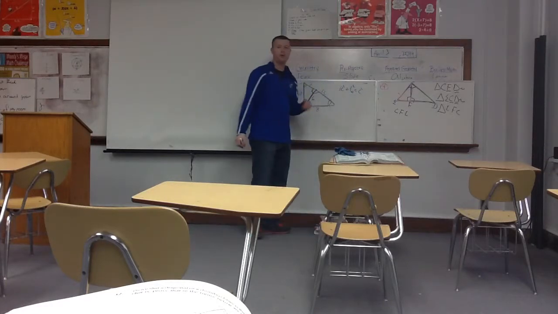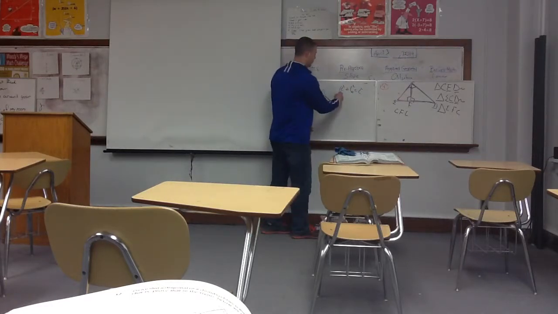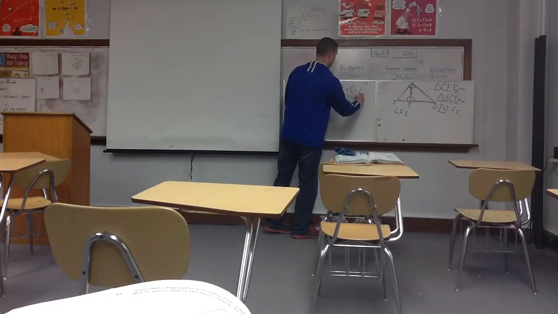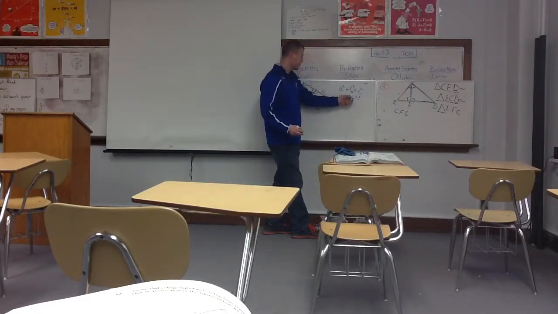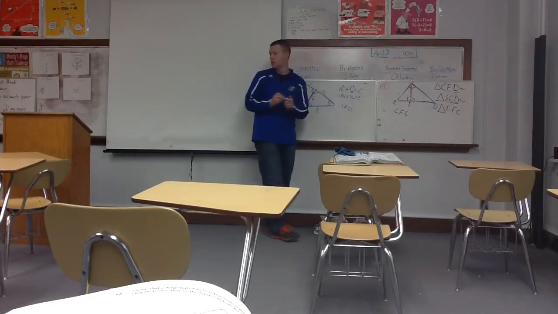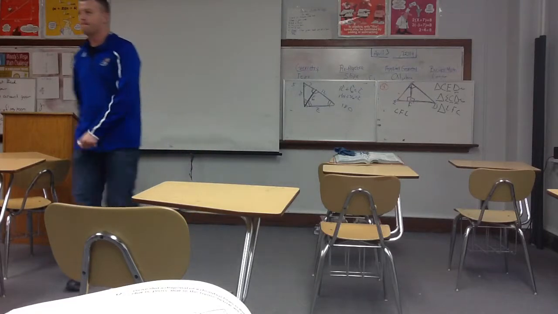If you do 12 squared in your calculator, you're going to get 144, plus 6 squared, which is 36, equals c squared. 144 plus 36 is 180. Let me double check that real quick.